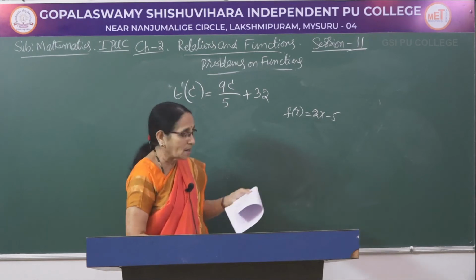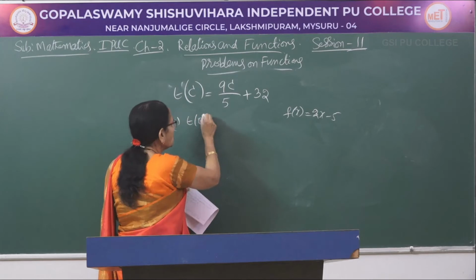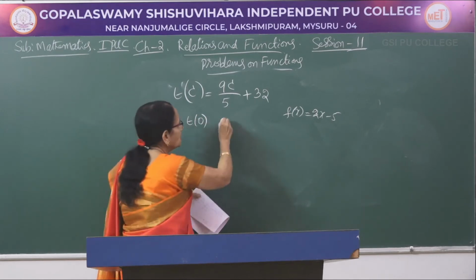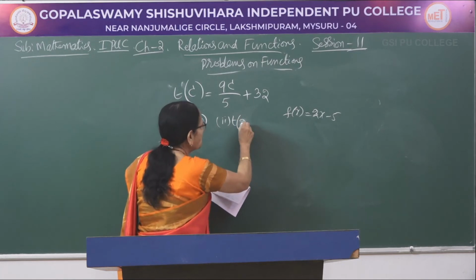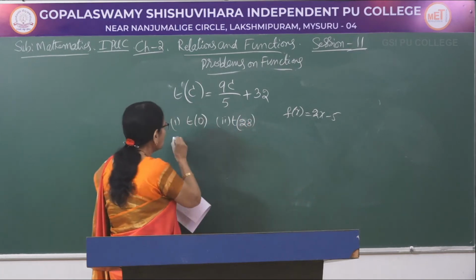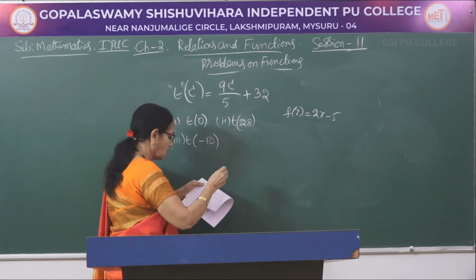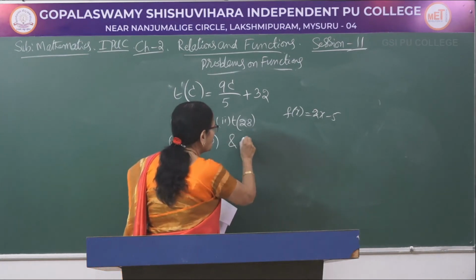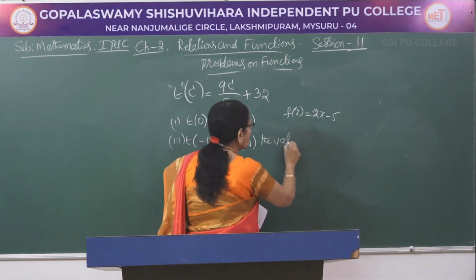So, you have to calculate here: find first T(0), second T(28), third T(minus 10), and the fourth one you have to be careful, the value of C.